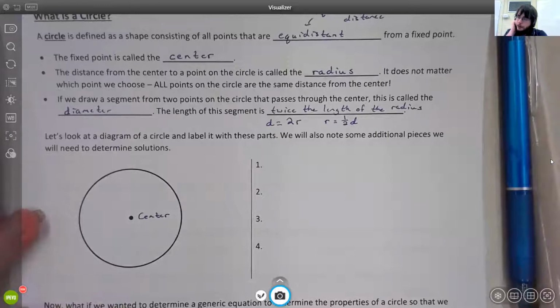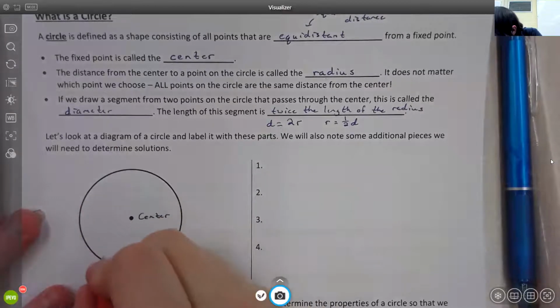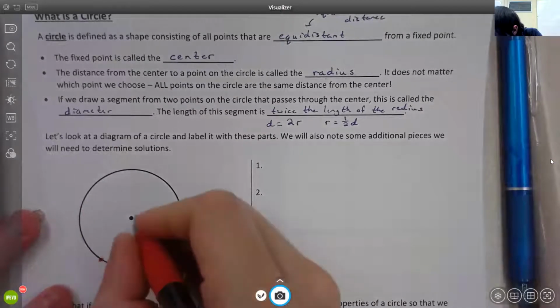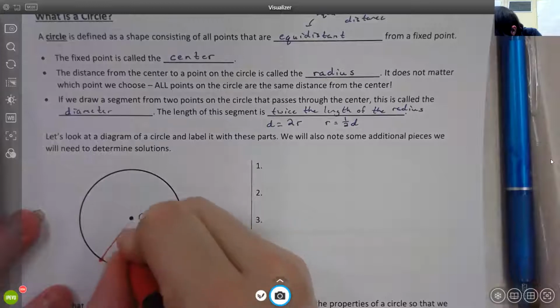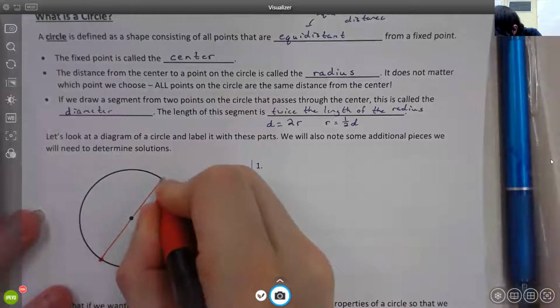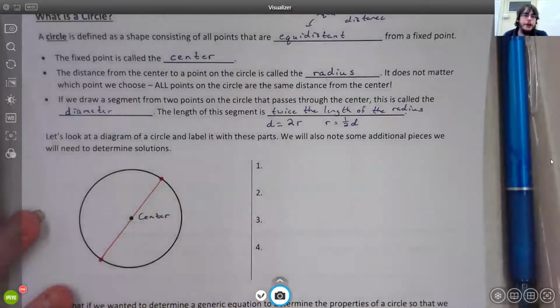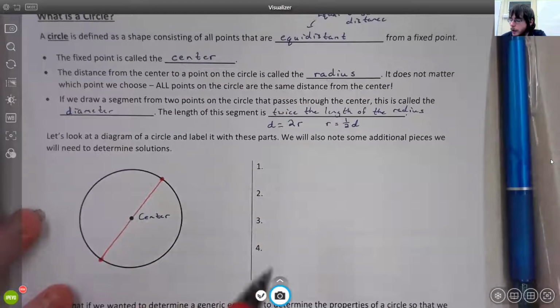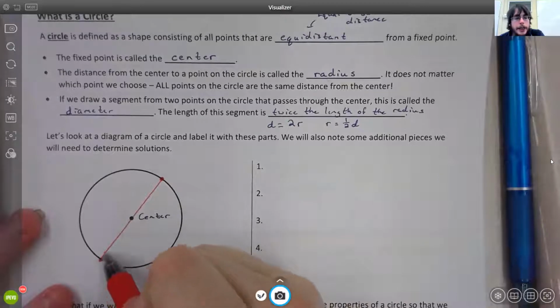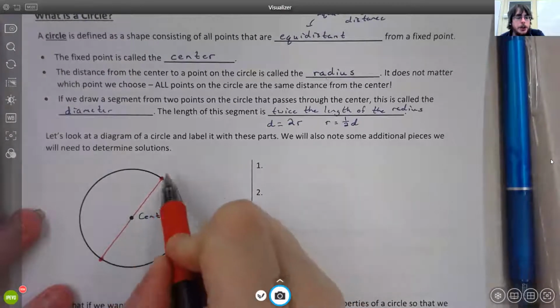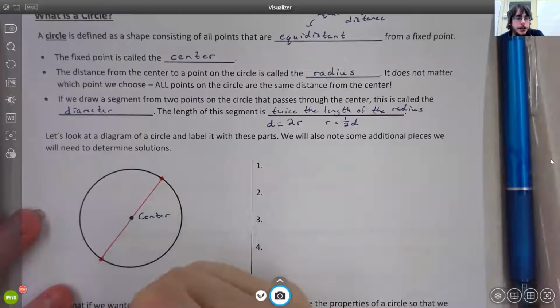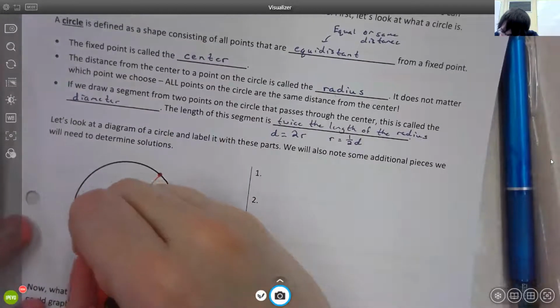You will see some problems that do not have the center plotted whatsoever. All right. Now, if I draw this red line here, I'm going to draw this line starting here, going all the way over to here. Now, it goes from one end of the circle to the other end in a straight line, and it passes through the center. So that would be the diameter.